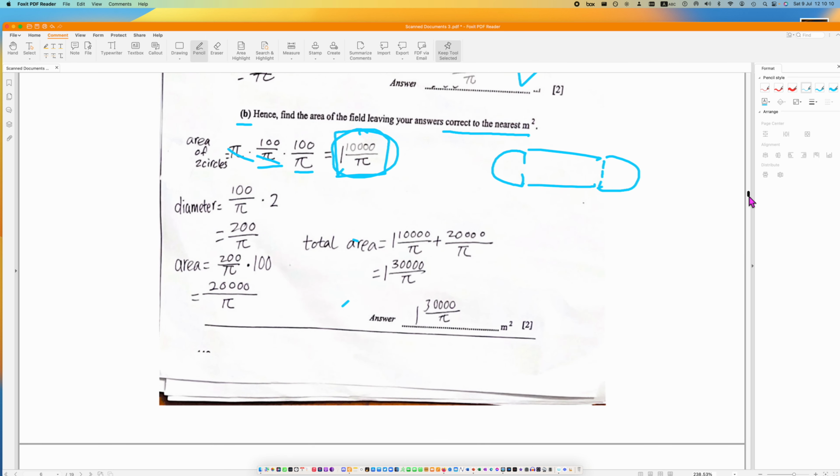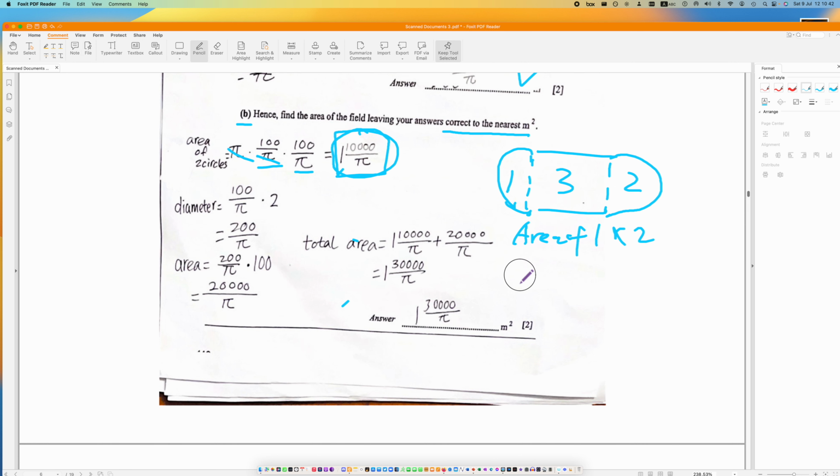I don't know. So next time when you do this kind of question, all you need to do is label 1, 2, 3 and find out 1, 2, 3. So basically what you write is area of 1 and 2, which is area of circle.